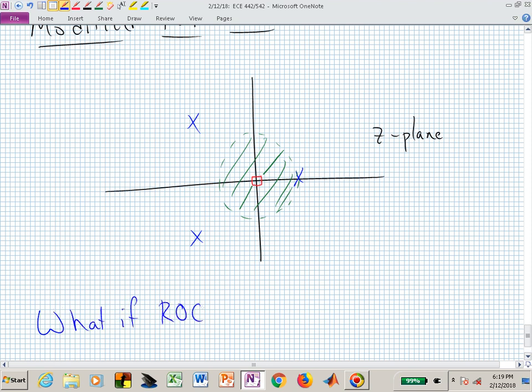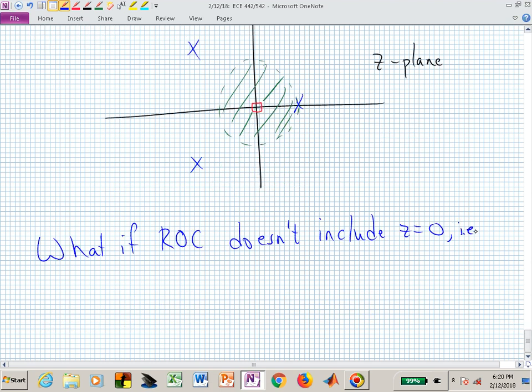So now, what if the region of convergence doesn't include z equals 0? I.e., the region of convergence is defined by having the magnitude of z strictly bigger than 0 and less than, let's say, r sub 2, where this radius is now r sub 2.